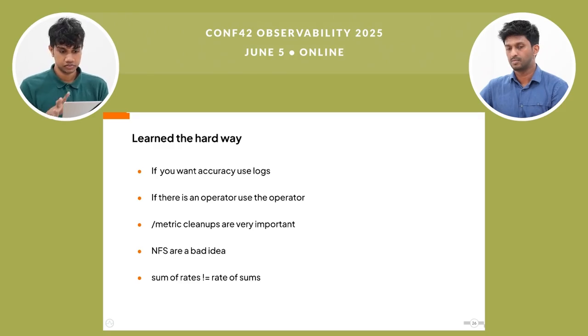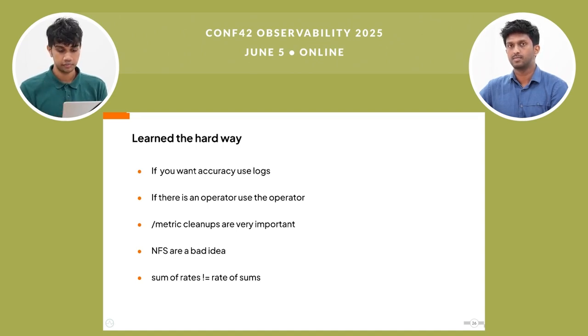Once we understood that, everything clicked. Another thing we learned while developing, as Nilushan also said, is about using an operator. If there's an operator, use the operator, because Kubernetes operators reduce the complexity of managing stateful sets and make the underlying infrastructure very easy to manage.